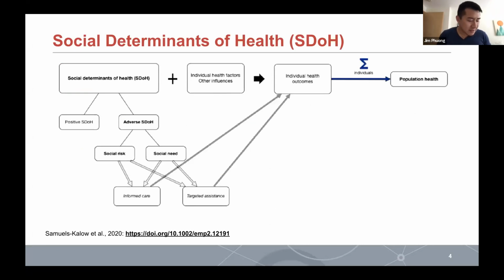So let's start this off with describing what are patient-level social determinants of health. What is that phrase? I'll often point people to this paper by Samuels-Kalow et al. The high-level phrase is that social determinants of health are the non-clinical factors in which people live, grow, learn, and it's a lot of the factors which keep people healthy outside of the interactions with the health system.